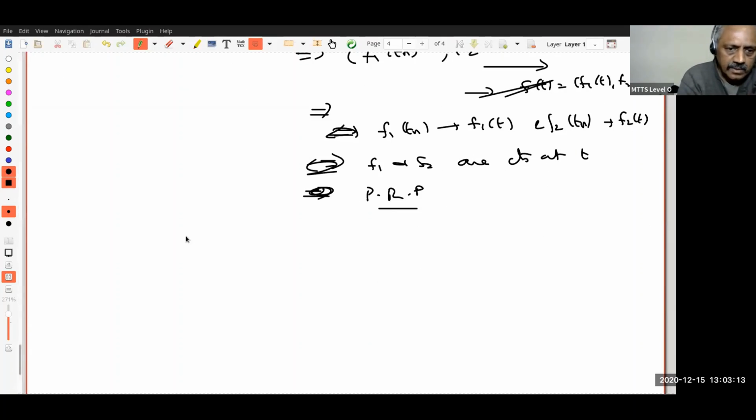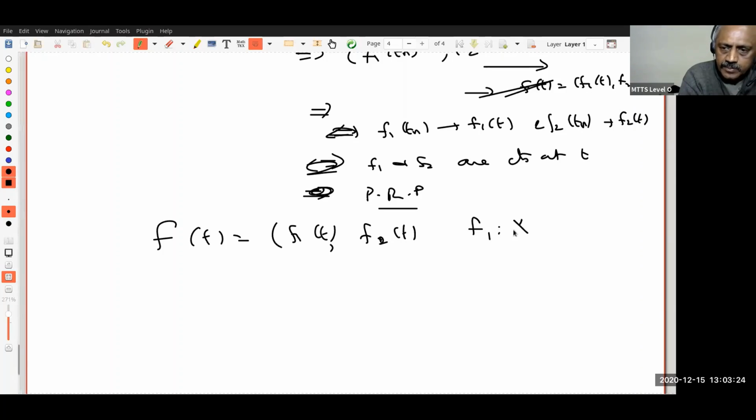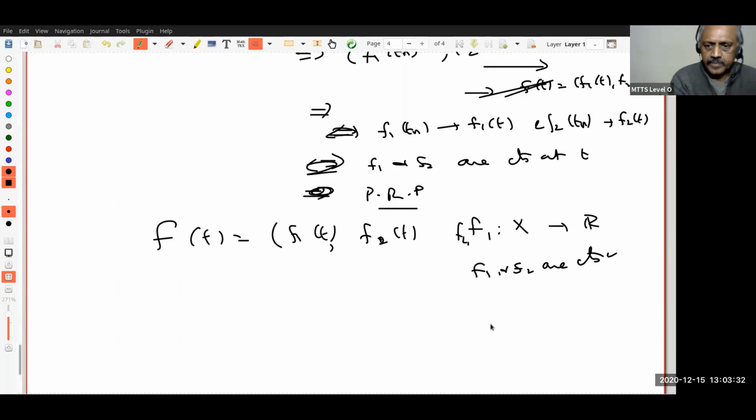Now converse. Suppose I write f of t as f1 of t and f2 of t. Therefore, f1 is a function from X to R and f2 is also a function from X to R. Suppose I am given f1 and f2 are continuous, right?